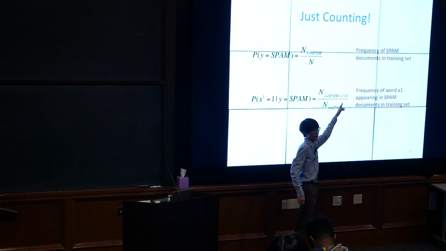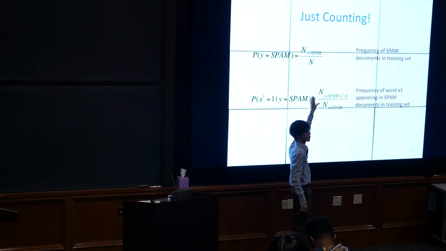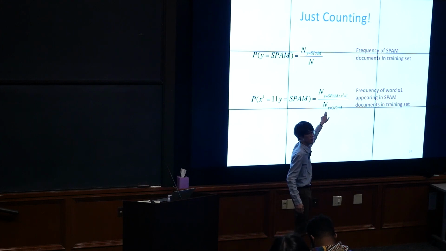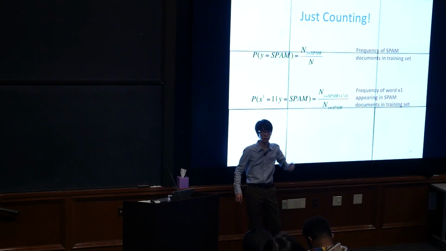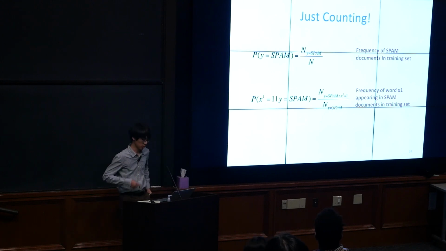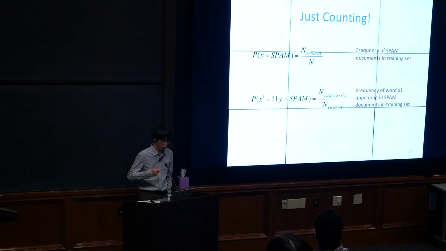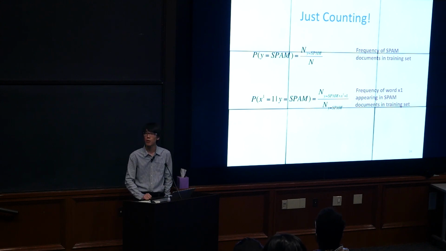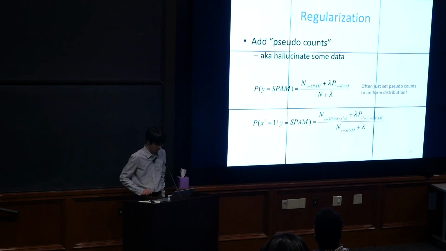So if we're trying to do x is 1, we count the number of times 1 and spam appear in the data set, and then divide it by the number of times spam is in the data set. So again, we're just counting the frequency of these occurrences, and that's sufficient to fill up all the parameters in our naive Bayes model. Got it? Cool.